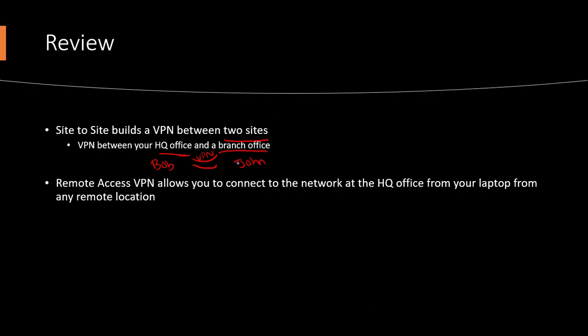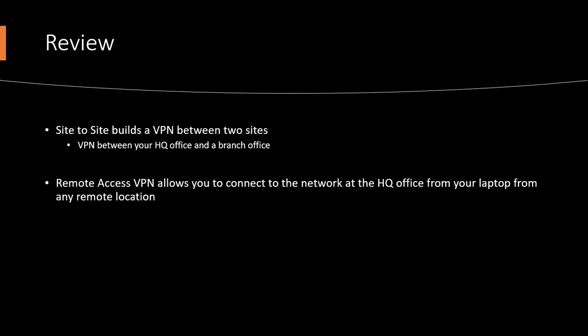So if John wanted to get to any resource at the headquarters office, he would need to connect to the network at the branch office. Now, a remote access VPN is what's going to allow John or Bob to access the corporate network, which is the network at the job, from their laptop or any type of remote location that has an internet connection.